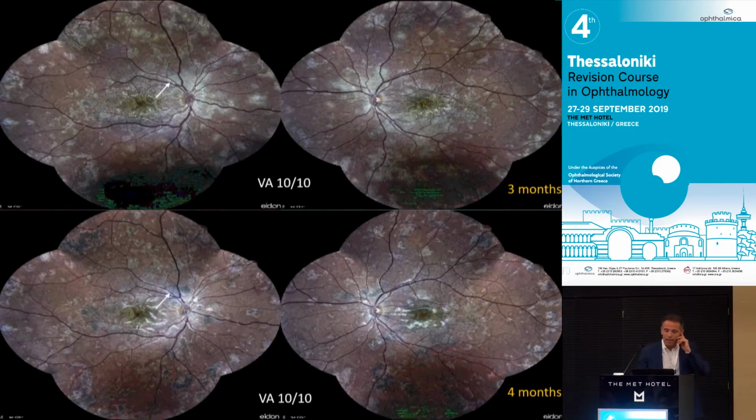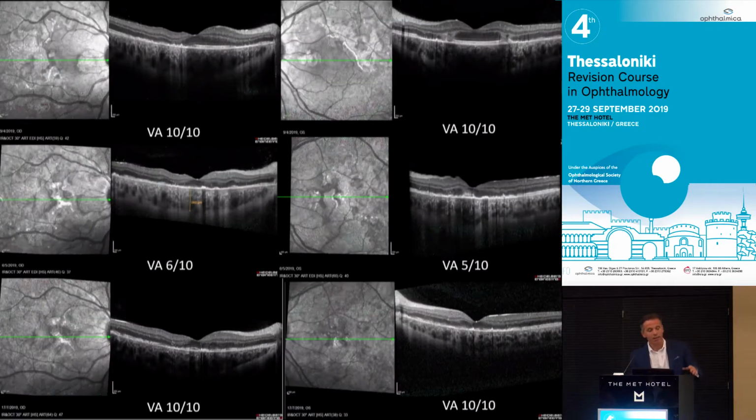This took 4 months to stabilize, and after 4 months, we could see that there are no new lesions anymore. So from there, you can see that the lesion is fading out. From there, and this one. And the vision, at some point, around 2 months, dropped down to 6/12.